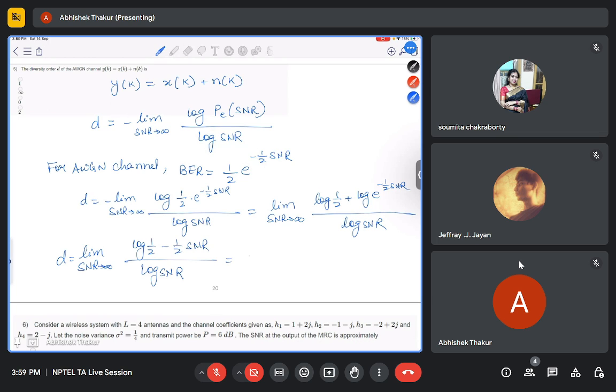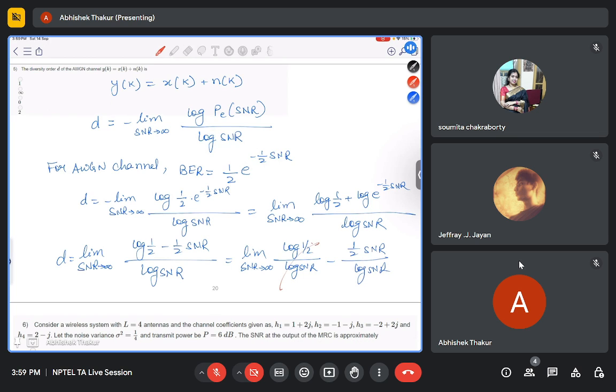So this we can write as log half over log of SNR minus half of SNR divided by log of SNR.